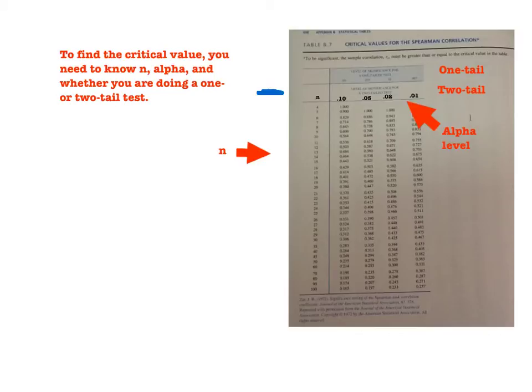We have rows for one-tail and two-tail tests of hypotheses, and then alpha levels such as 0.05 and 0.01. So in the example that we're pursuing, we're doing a two-tailed test with an alpha level of 0.05, and our sample size is 8. So you would look on the table, and there is the critical value, 0.738.